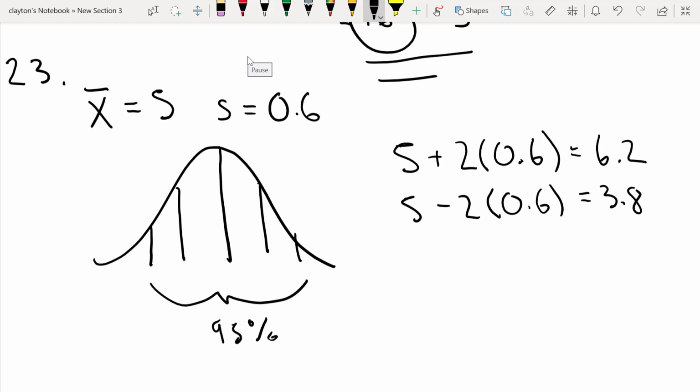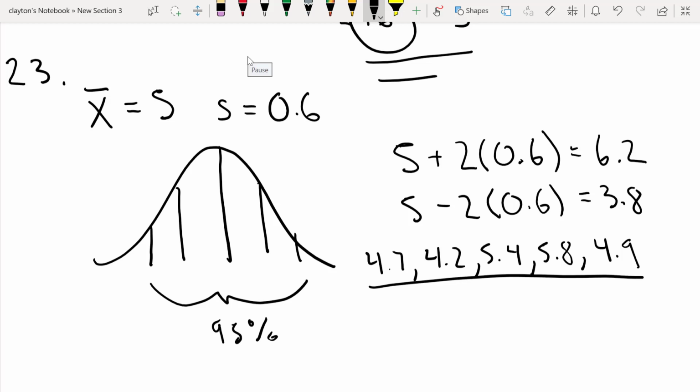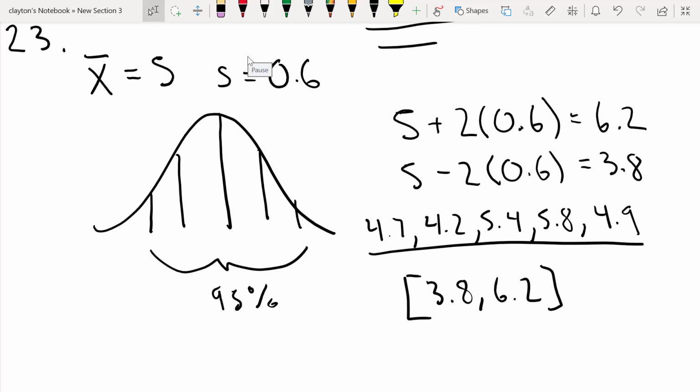Now, if you go back and look at your data, just as a reminder, 4.2, 4.7, 5.4, 5.8, and 4.9, you can see that this interval from 3.8 to 6.2, which should have 95% of our data, actually covers all of our data.